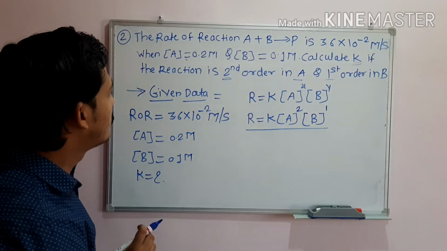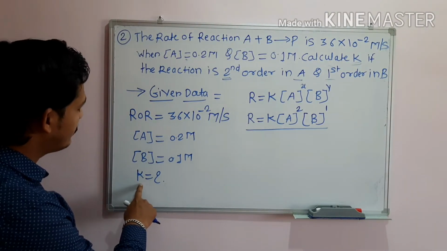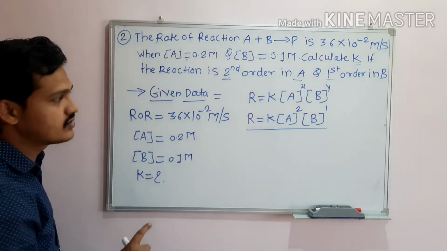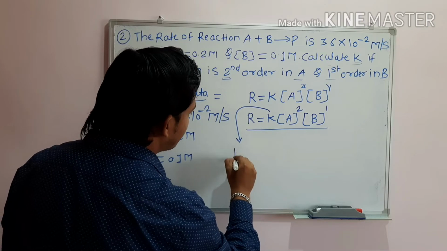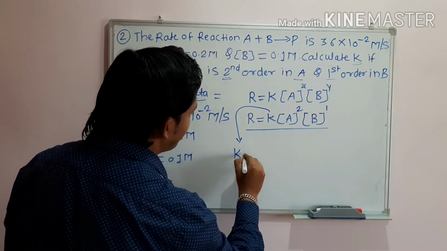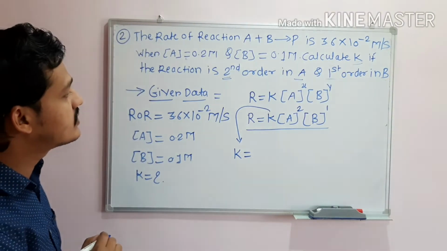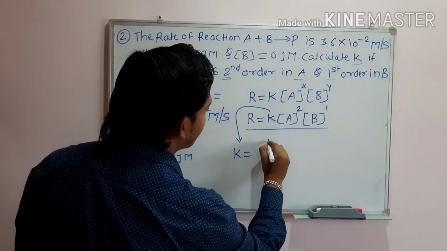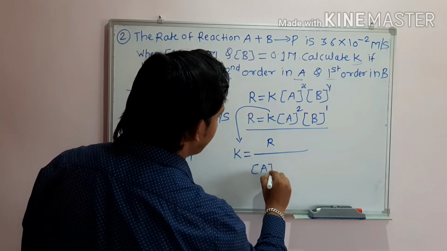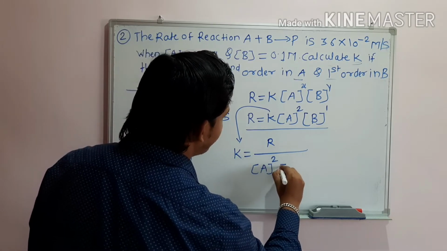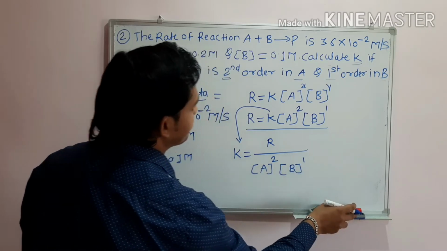Now what we have to calculate is K, so we want K on the left side. So what is our next step? K is equal to R divided by [A] to the power 2 and [B] to the power 1.